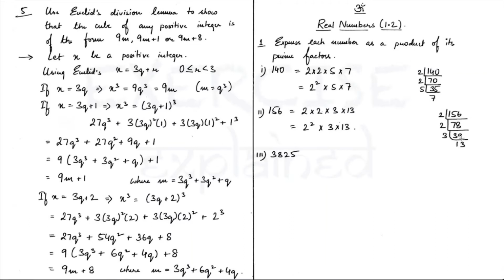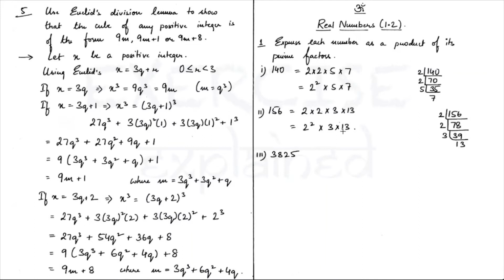So this 39 is definitely divisible by 3. I divide it by 3, I get the quotient as 13. Now 13 is again a prime number. So we can write 156 as 2 into 2 into 3 into 13. Which can also be written as 2 square into 3 into 13.